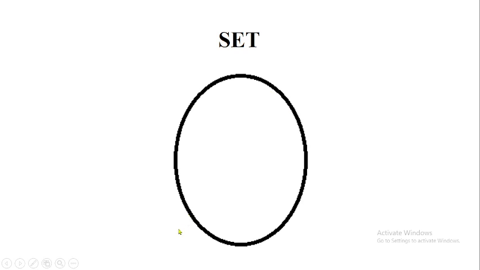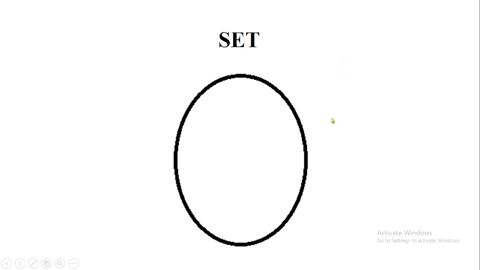You can have different sets given. Let's say set A, set B, set X, set Y, set P, set Q. Different sets can be given, so we use circles to represent them. All the elements of that particular set will be inside the circle.